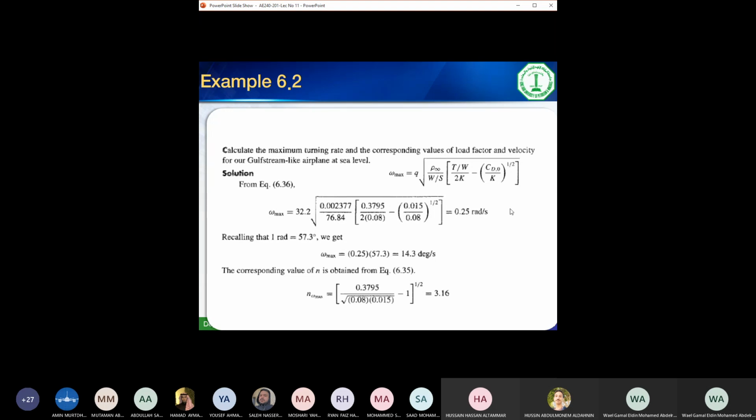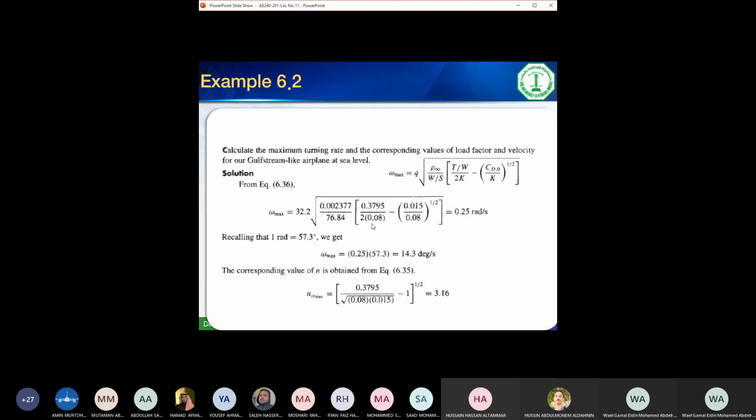So the expression for the turning rate, omega max, is the one that we had. It's a function only of the thrust to weight ratio and the drag polar, K and CD naught. All these we know for the Gulfstream. For the wing area and the altitude, 30,000 feet, we have all these values. So it's just a matter of substitution.